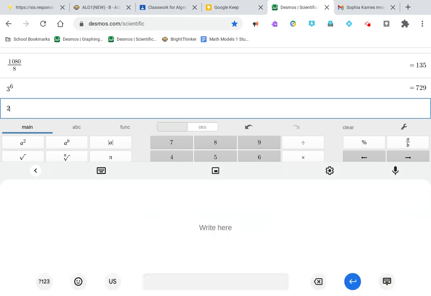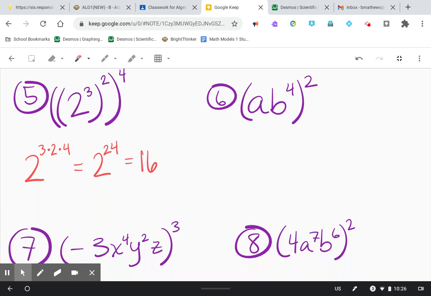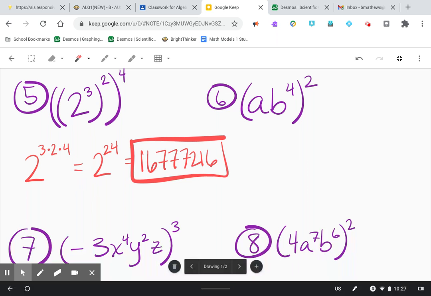That's okay. We'll do 2 raised to the 24th power. It's a super big number. I'm assuming the one on the test is not quite as crazy as that one, but we'll just see: 16,777,216. But you get the idea. The point here is you need to multiply the powers as you go through.